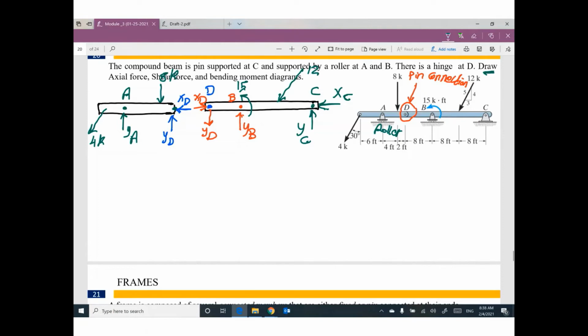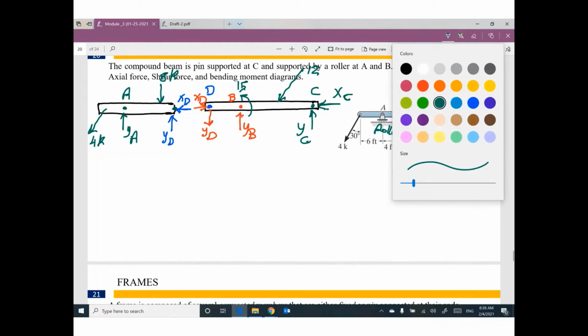So for this problem, we have two parts. The first part, how we can figure out the reactions. So please keep in your mind, if you have pin connection, we need to do separation to be able to figure out the reactions. If you didn't separate, you have something wrong.